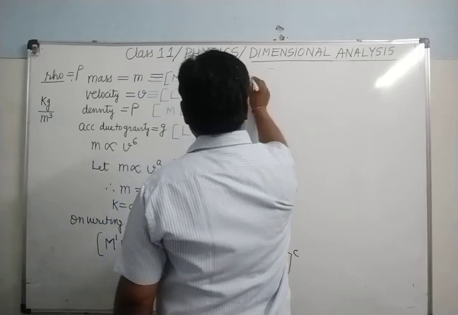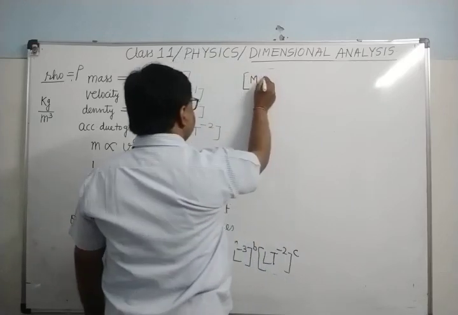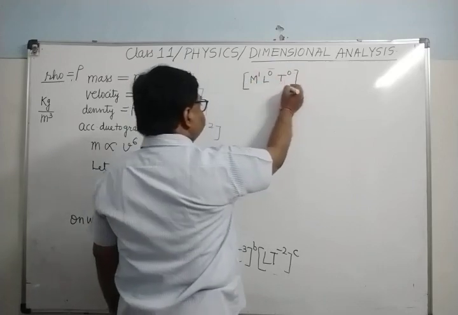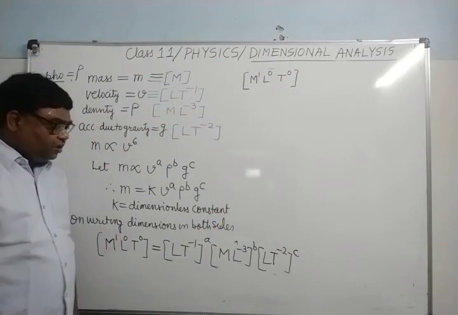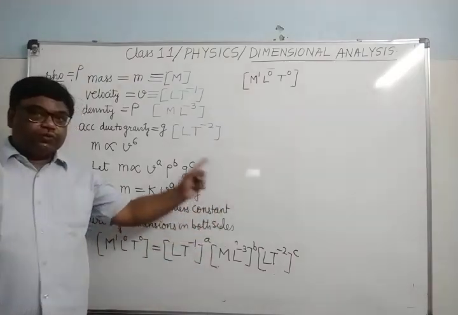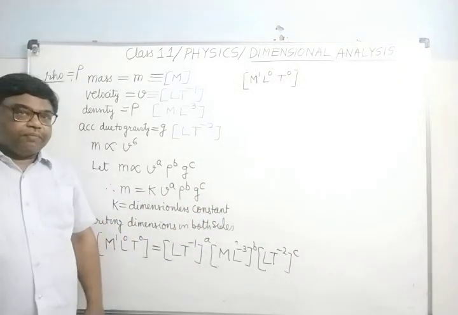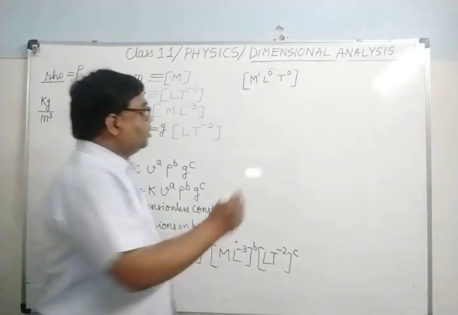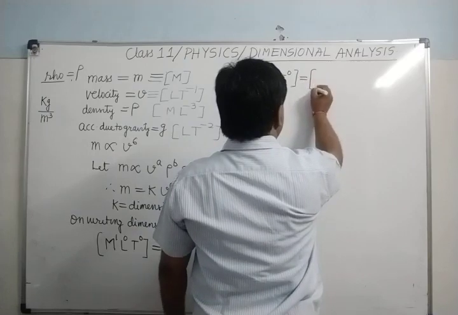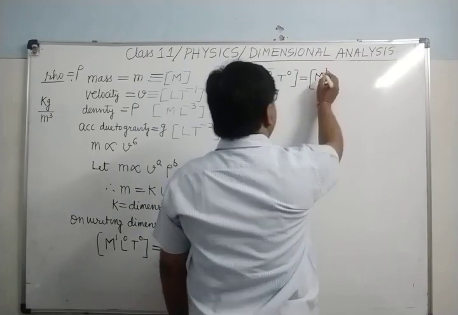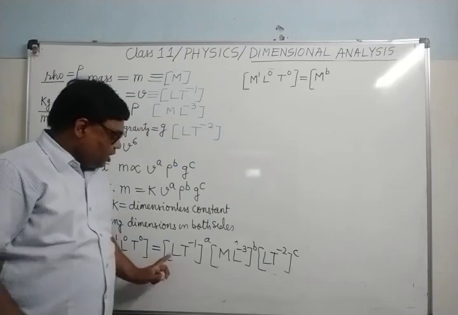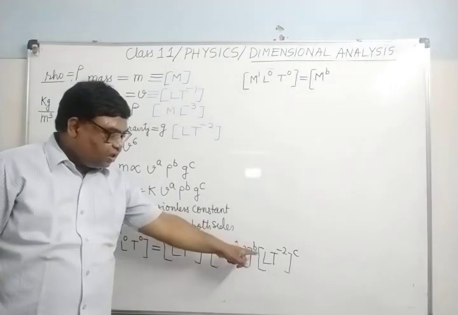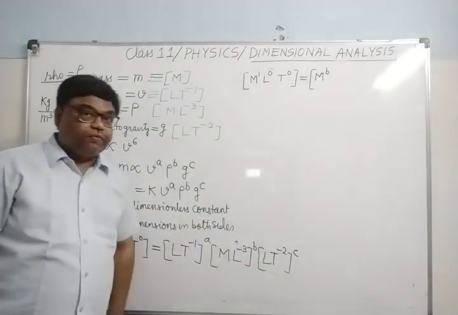In the left hand side there is no simplification: M, L^0, T^0. No power means power 1. Here you will get the power of M first: M^b. It will be equal to M^b. Then L^a from here, L^-3b from here, and L^-2c from there.